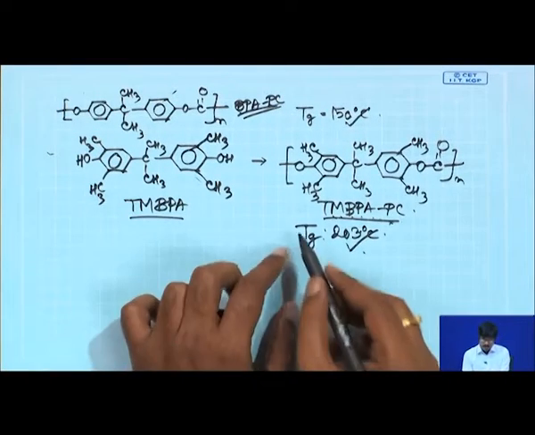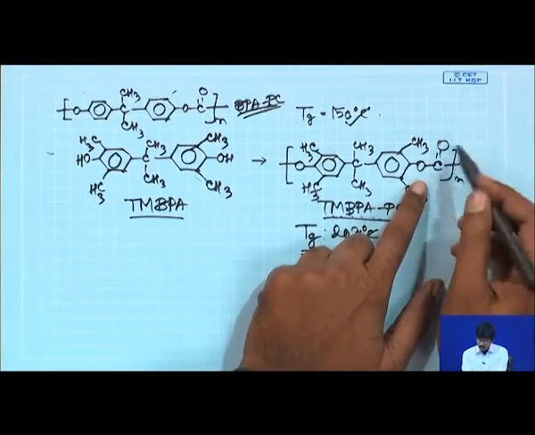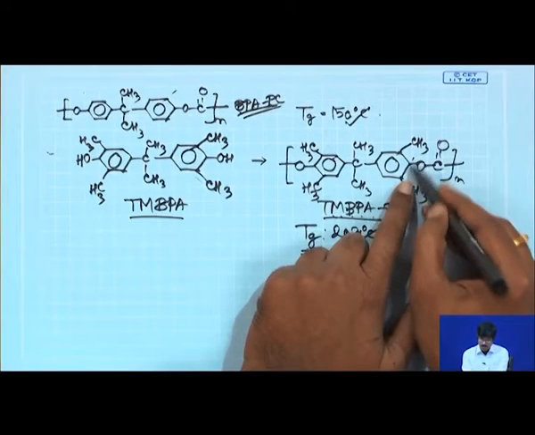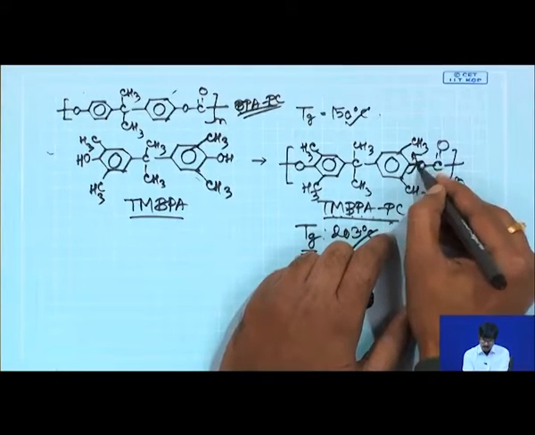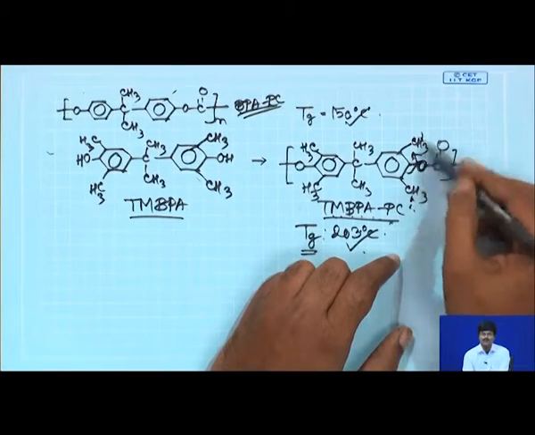First of all, let us see why the Tg has increased. The reason could be that this phenyl carbonate bond, if you look at this particular bond, the rotation around this bond is more hindered here because of the presence of these methyl groups.